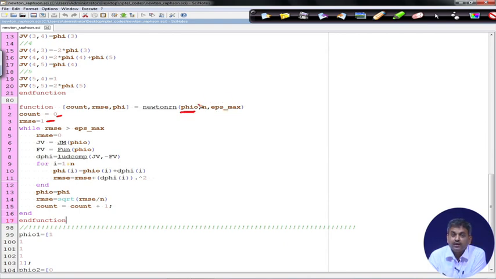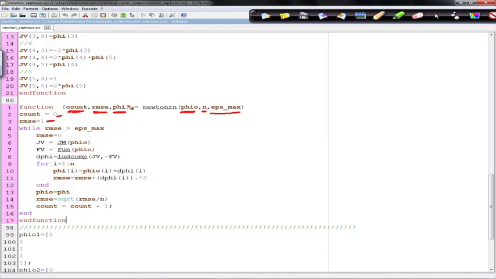Phi o is the guess value, n is the number of variables, EPS max is the limit for RMSE. Now, what is the output? The output is count, that means the number of iterations required, RMSE, the root mean square error, and phi, that means whatever value we are getting as the solution after iteration.